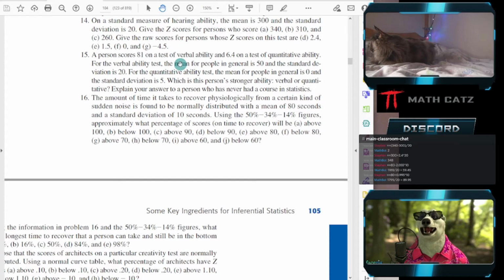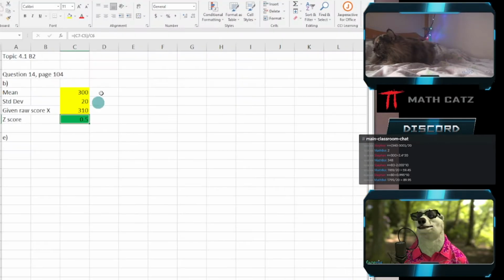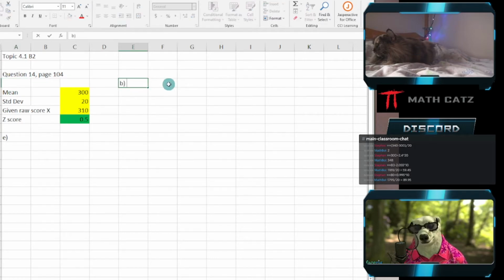Next, the beauty of this: if I now have part C as well, where the raw score is different, but the question is the same, I can recycle my work here and say, okay, maybe this was just my calculation stuff. Let's put B's answer over here as 0.5.